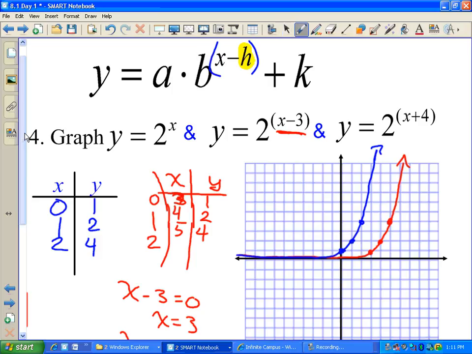My green graph, x and y, again, I can look at the 0, the 1, and the 2. And so this needs to be -4, -3, and -2 are my x's, and that should give me my y's of 1, 2, and 4.